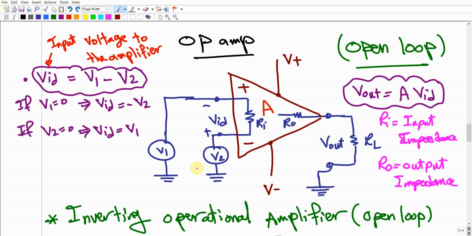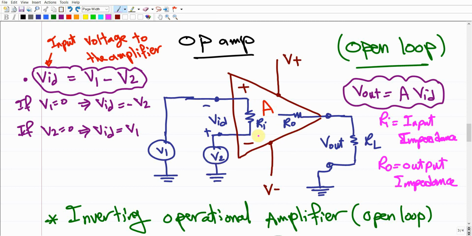It is going to be much more efficient in collecting the difference between V1 and V2, as long as this R tends to infinity or increases to a bigger value. But the worst case is that this R input is already 0. In this case, it means that we are not collecting any inputs to the amplifier, or you could say that the amplifier won't sense the difference between these two signals.